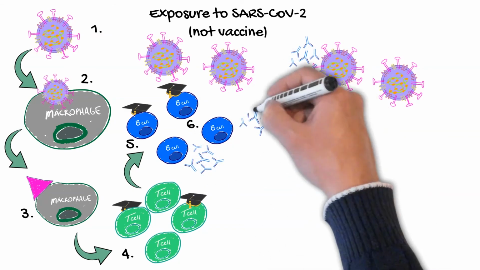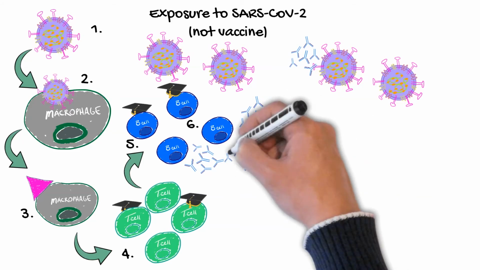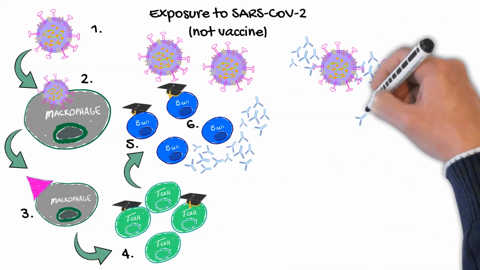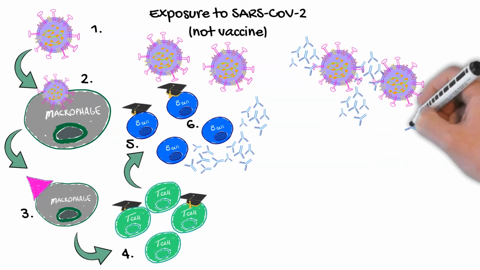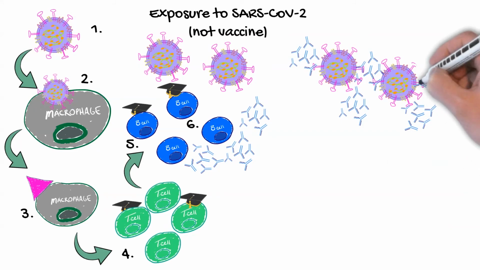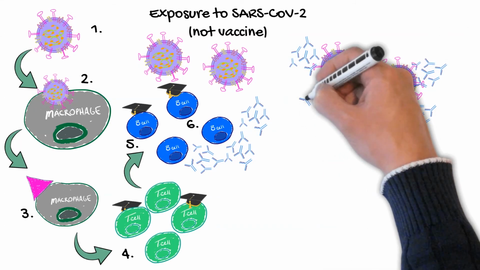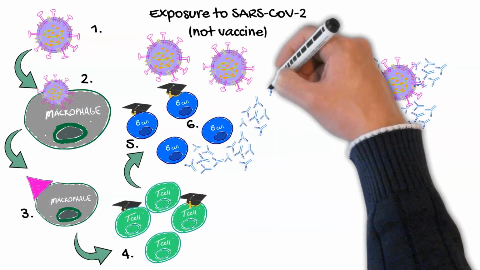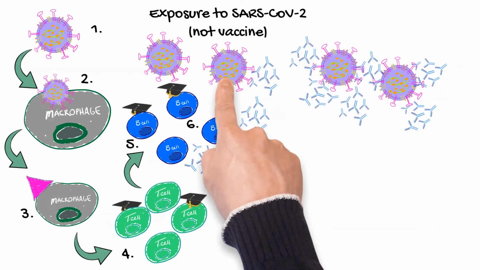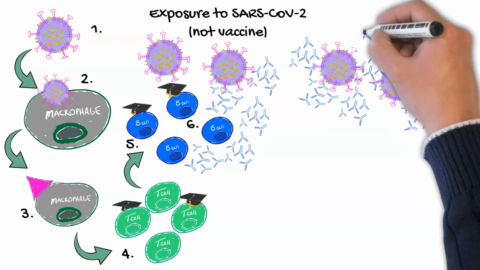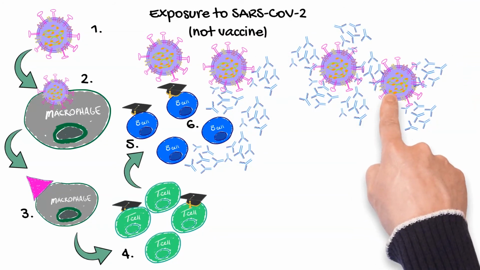Now, in our upcoming video, Viruses, Variants, and Vaccines, I will describe exactly how the two types of COVID-19 vaccines work. And now that you understand basic immunology, it'll all make sense to you. Now, again, there's an entire course called Immunology, and I have, as promised, just scratched the surface on this topic.